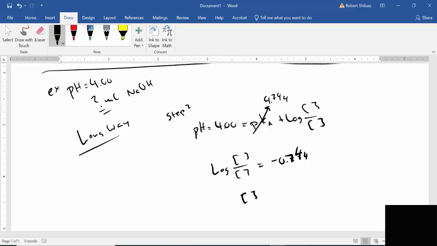And then we're going to take the anti-log of both sides. And so the ratio of base to acid is equal to 10 to the minus 0.74.